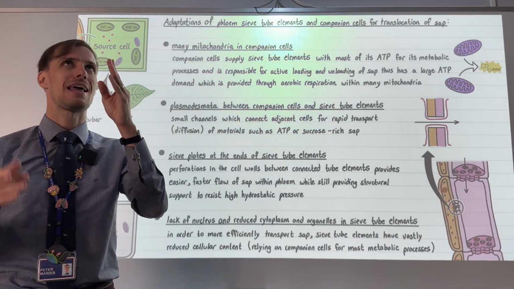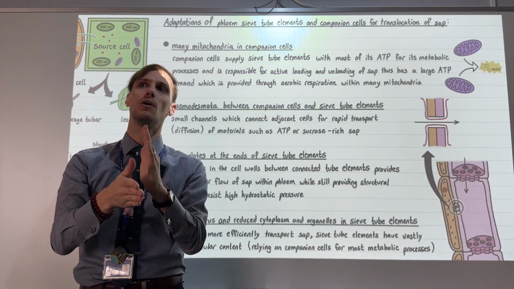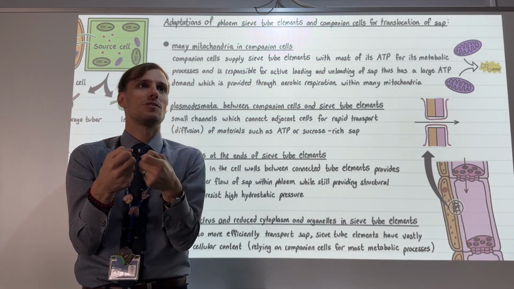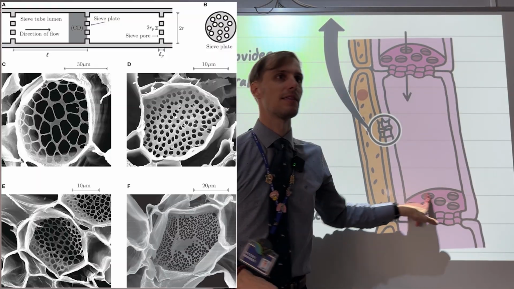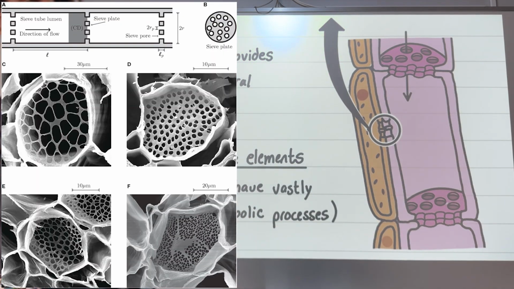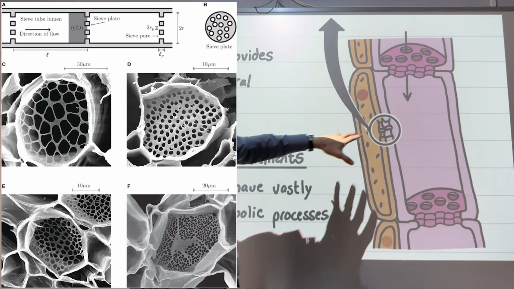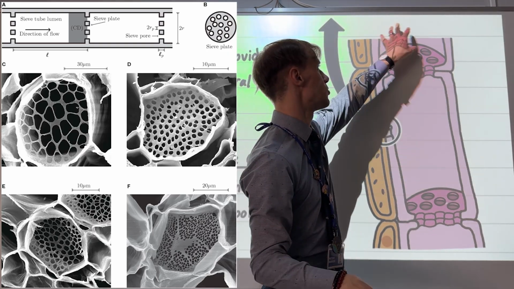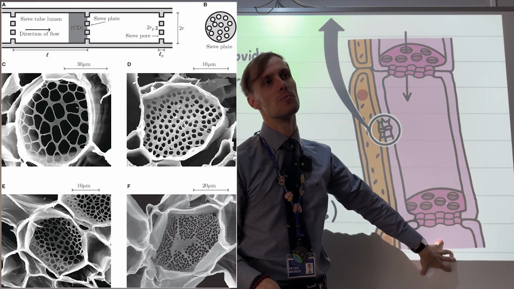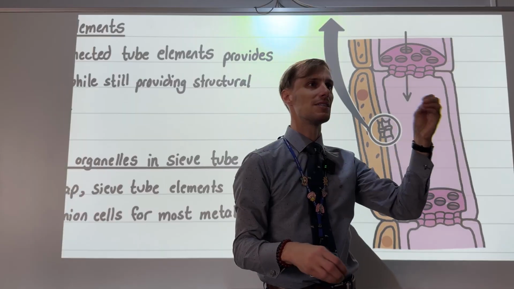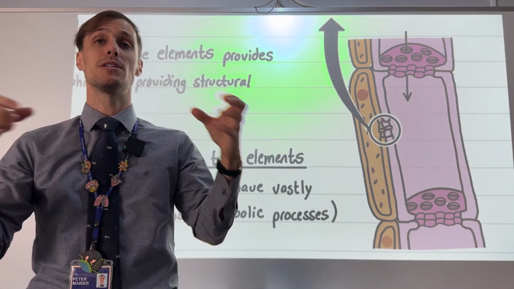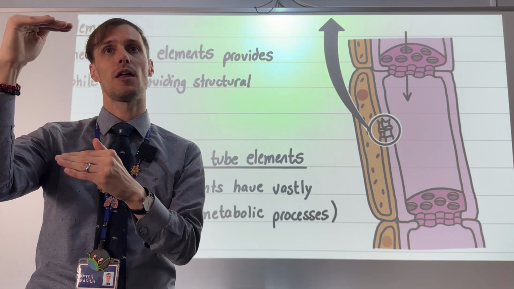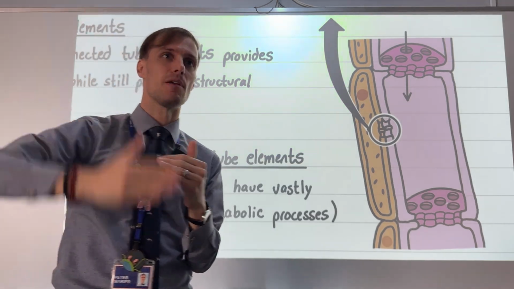So how do I allow movement through a tube without killing the cells and doing something like a xylem? Well, they have these plates that are perforated. So you have these perforated plates joining one cell to an adjacent sieve tube cell to the other. So these sieve tube plates are basically perforated partitions between one cell and another, allowing rapid movement through.